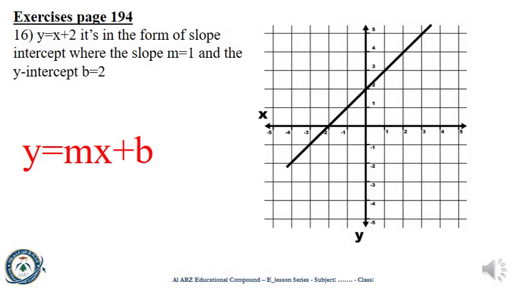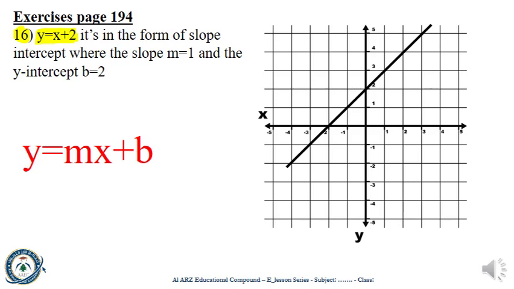The first exercise I want to talk about is exercise 16, page 194. In this exercise, you will see the first form of an equation of a straight line, which is the slope-intercept form.